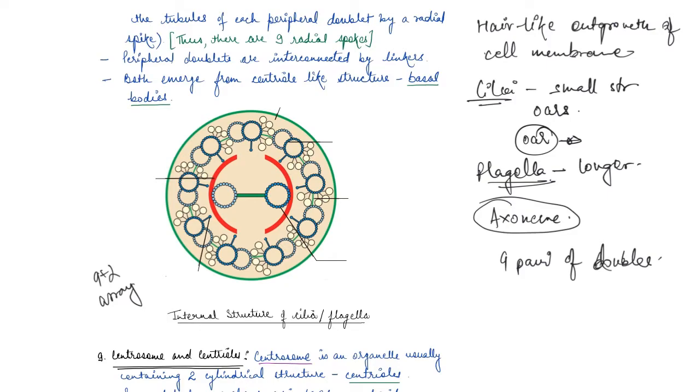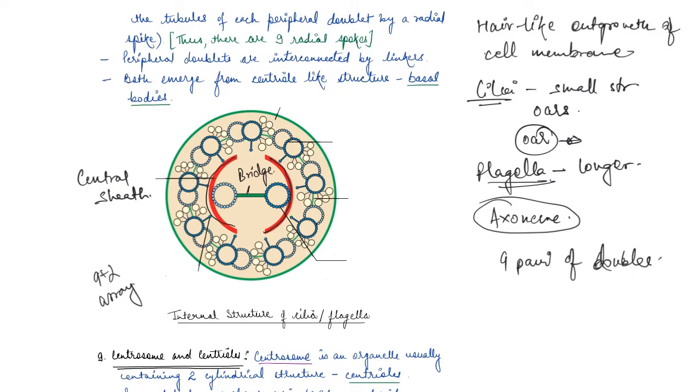Now the central tubules are connected by a bridge in between. This is the bridge, right? And these are enclosed in a central sheath. So this sheath that you see on both sides is the central sheath, right?